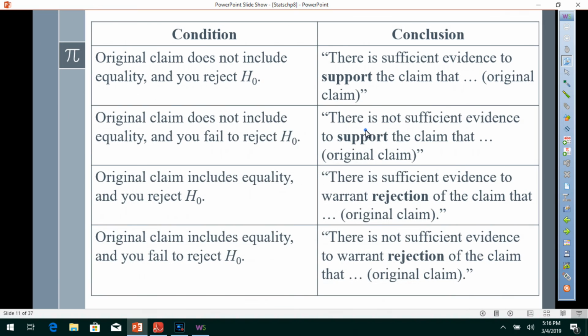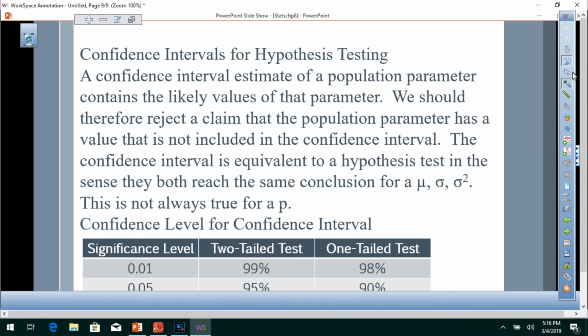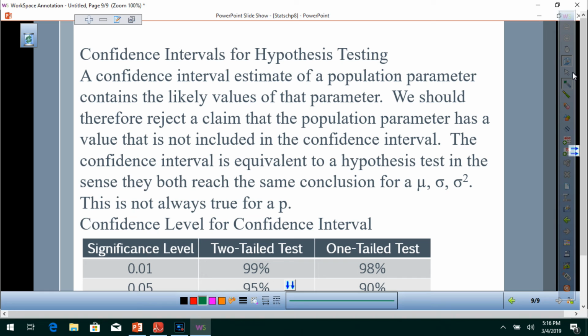Confidence intervals for hypothesis testing. A confidence interval estimate of a population parameter contains the likely values of that parameter. We should therefore reject a claim that the population parameter has a value that is not included in the confidence interval.